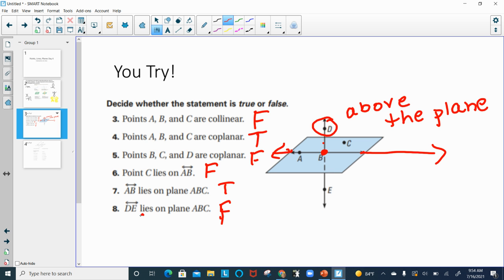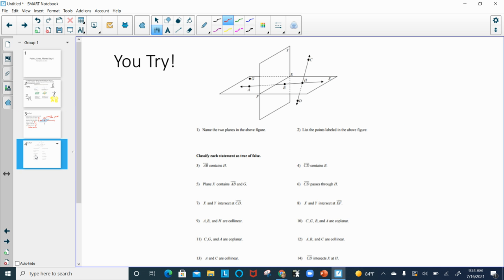So if they had taken this word out and instead said intersects or cuts through or passes through or something along those lines, then it would be true. But it would have to lie on the plane in order for it to be true, the way it's written. So let's do this again. Let's take a couple more minutes, pause the video, and try 1 through 14.